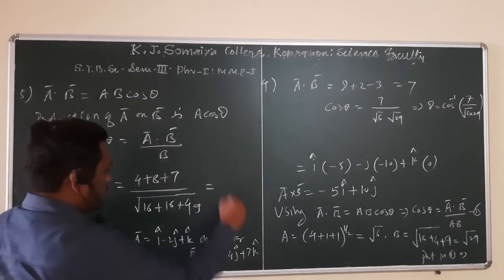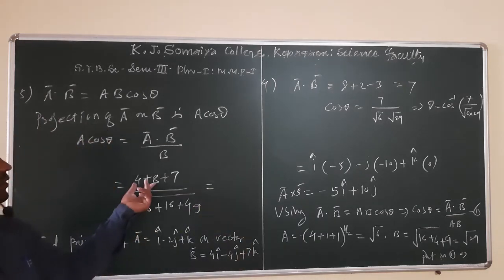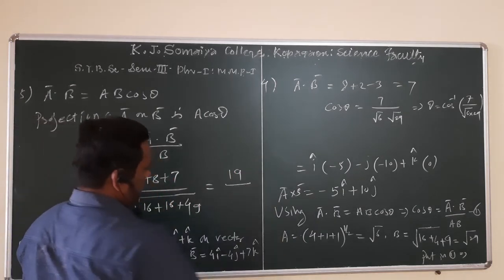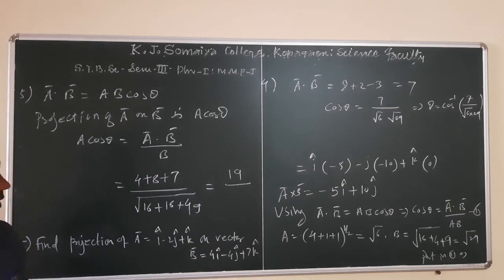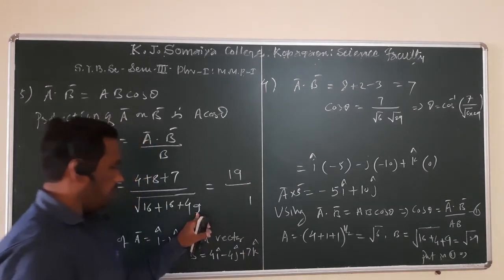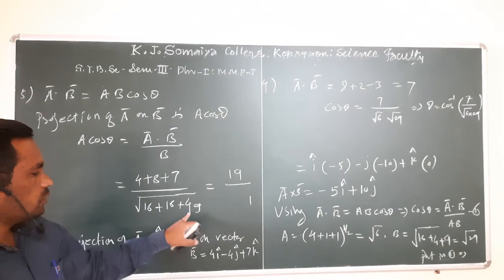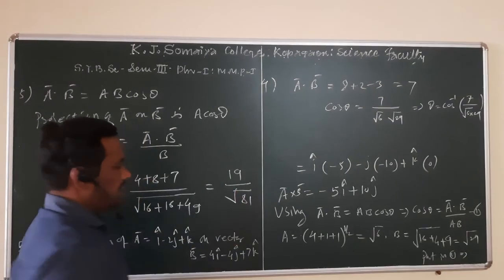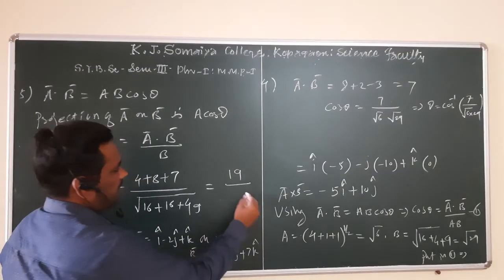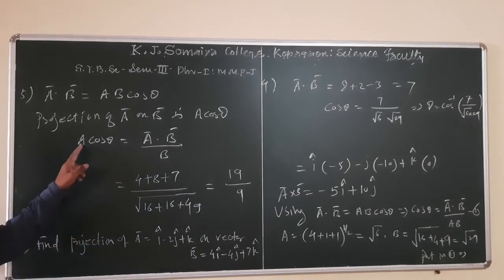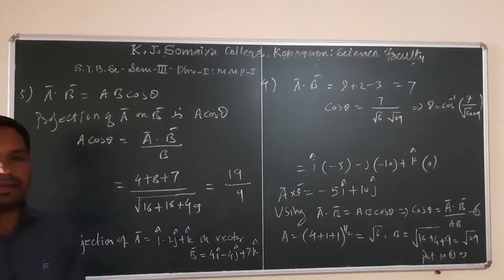So this is equal to 12 plus 7 becomes 19, divided by 16 plus 16 plus 49, that becomes 81. So root 81, which is nothing but 9. So the projection of vector A on B is 19 divided by 9.